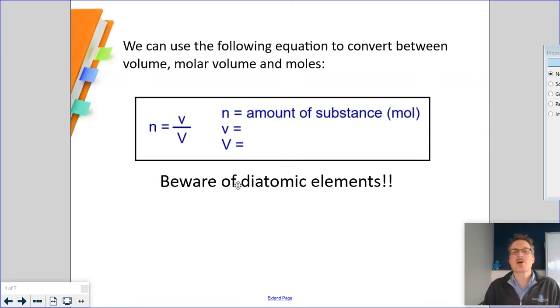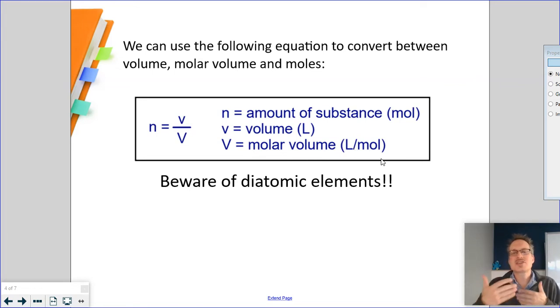N is still the chemical amount, or the amount of the substance we have in moles. V is going to represent our volume in liters. And lastly, capital V is going to represent our molar volume, or liters per mole. Notice the unit is very similar to when we had molar mass, grams per mole. There's this connection here that I hope we're making.